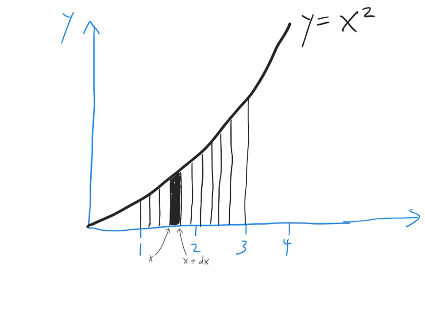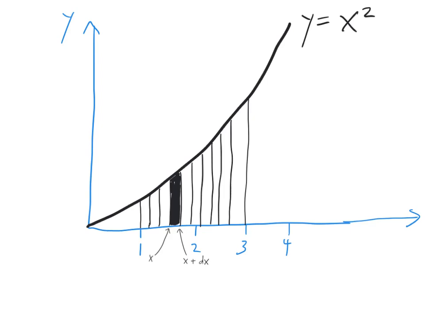But what I want to imagine is that each one is almost infinitesimally thin. And so the width of each one I'm going to denote as dx. This dx is a symbol that represents the infinitesimally thin width of that particular rectangle.